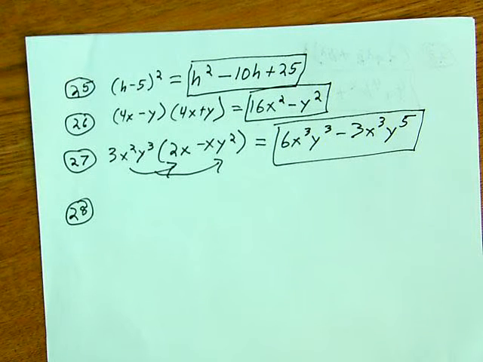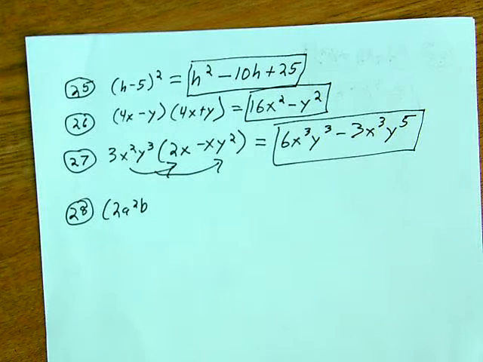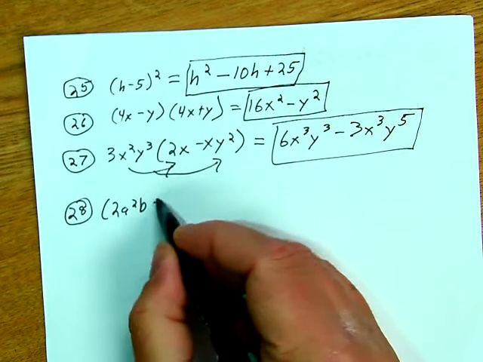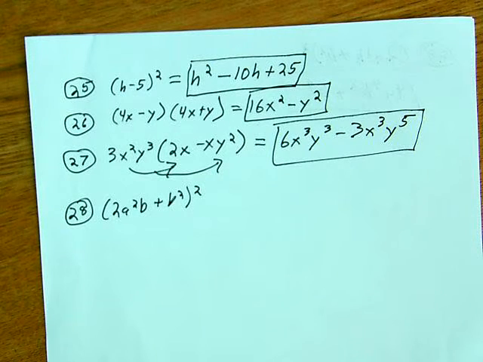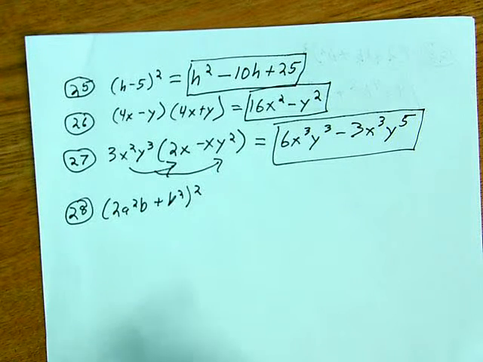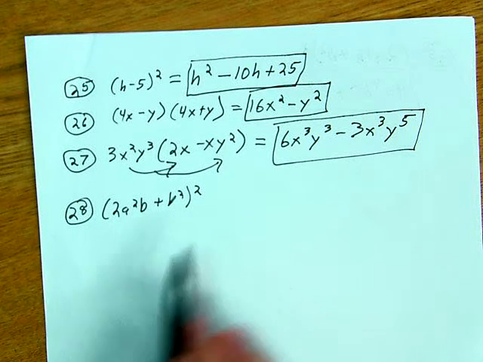28. We get (2a squared b plus b squared), that whole thing squared. Okay, so we know we're going to get a squared plus 2ab plus b squared.